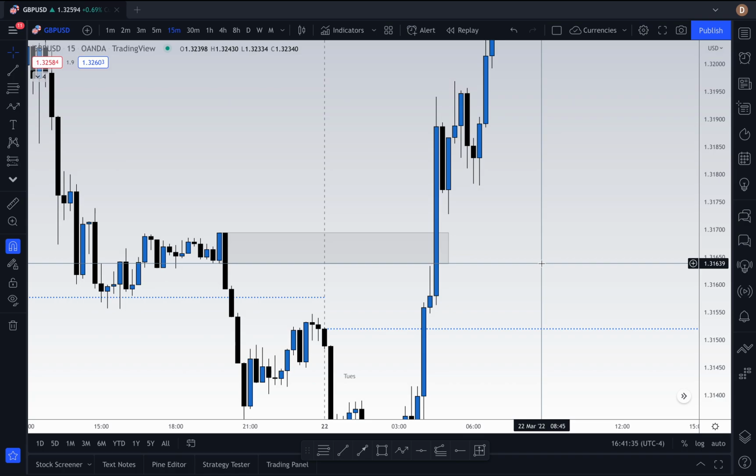Now, order blocks are great foundations to a great trading model, right? It's like if you're going for a full course meal at a nice fine restaurant, and if you've ever done fine dining, you usually have a 3-course setup on the menu.